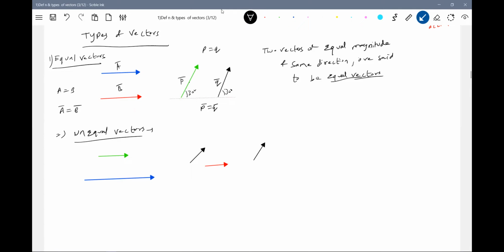Or we can put it like this: vector A bar, and the other vector has a different direction and also a different magnitude. First we'll take A bar, B bar, having the same direction but different magnitude. A not equal to B. What about here? P bar, this is Q bar. P equal to Q, but the directions are different. Same direction with a different magnitude.